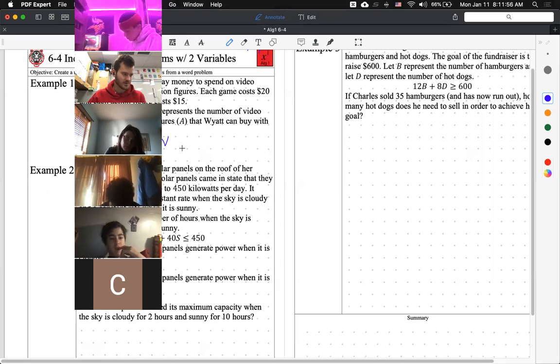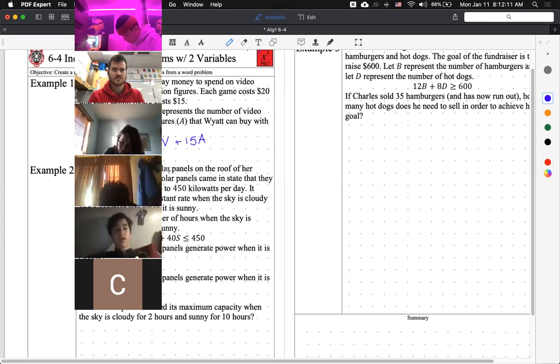And then what do I do with the 15A? Am I adding that? Yeah, plus 15A. Okay, how'd you get that? Or why does that make sense? Because if you were adding up how many games or action figures you can get, it has to be under $134.